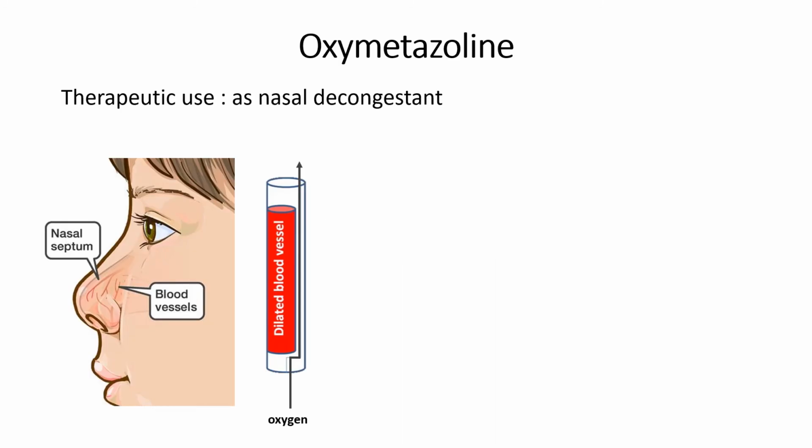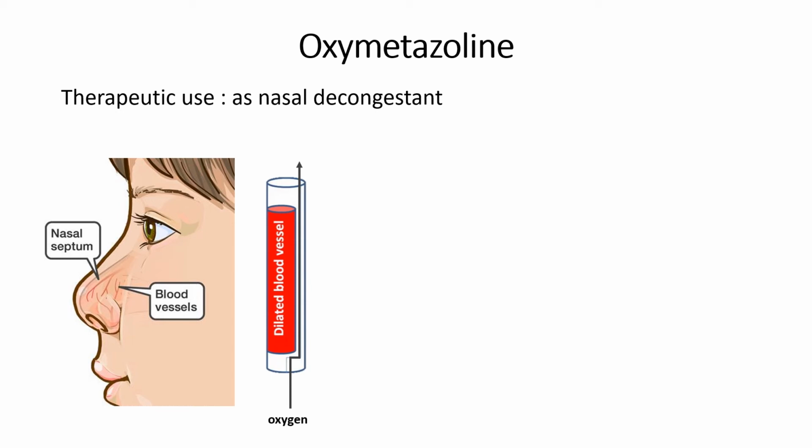Oxymetazoline is indicated for the management of nasal congestion. So it is a nasal decongestant, usually given in the form of nasal drops or nasal spray. Oxymetazoline is a direct-acting sympathomimetic amine, of course, and it is a selective alpha-1 receptor agonist.